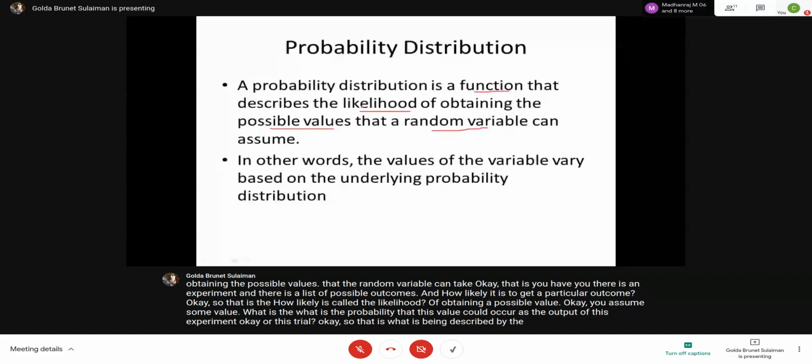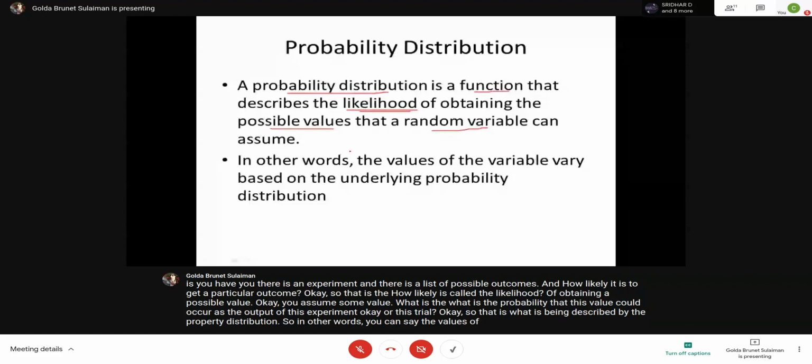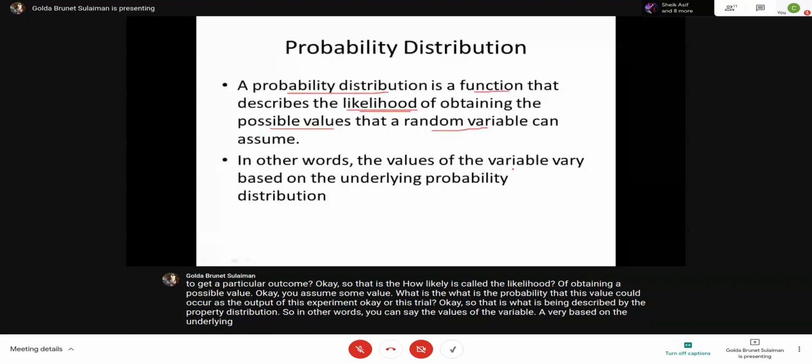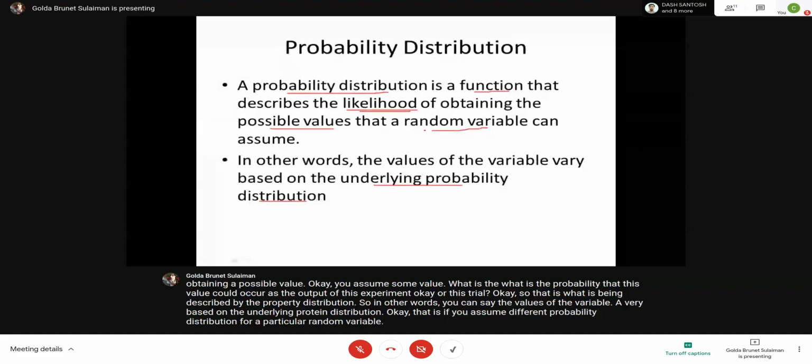So in other words, you can say the values of the variable vary based on the underlying probability distribution. That is, if you assume different probability distribution for a particular random variable, the likelihood of obtaining that outcome will vary.